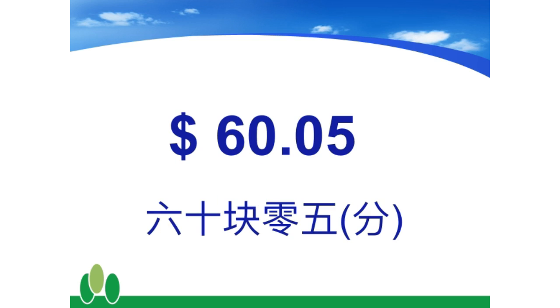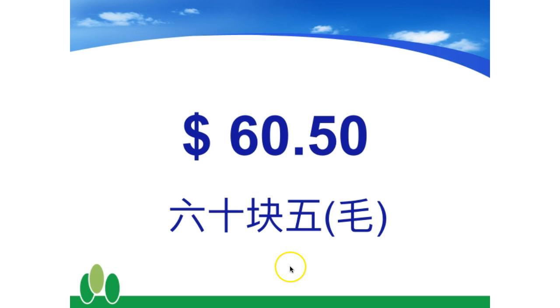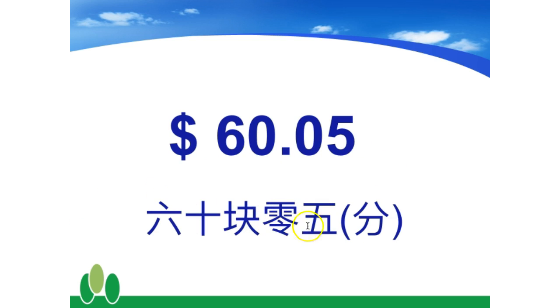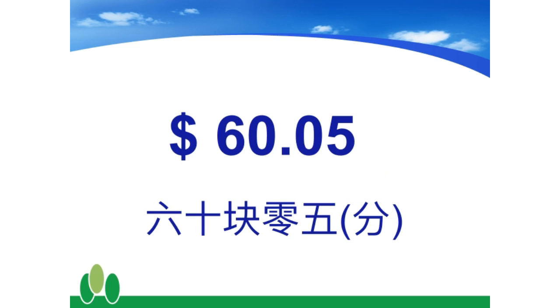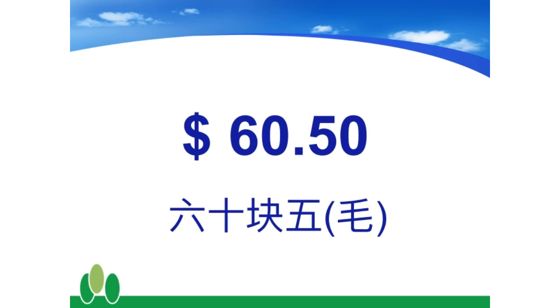So the difference between 60块05 and 60块5 is the difference of that digit. This is why we need a zero here, because otherwise these two numbers would get confused. 60块05 and 60块5.